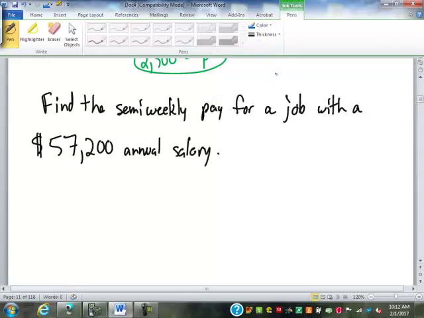So now bi-weekly means every 2 weeks. If we're assuming 52 weeks in a year, divided by 2, that is 26 pay periods in a year.